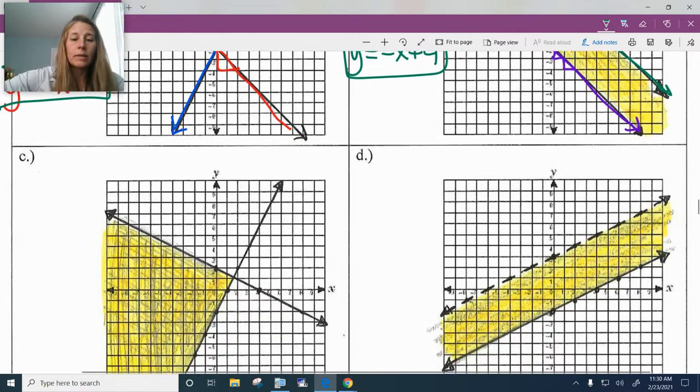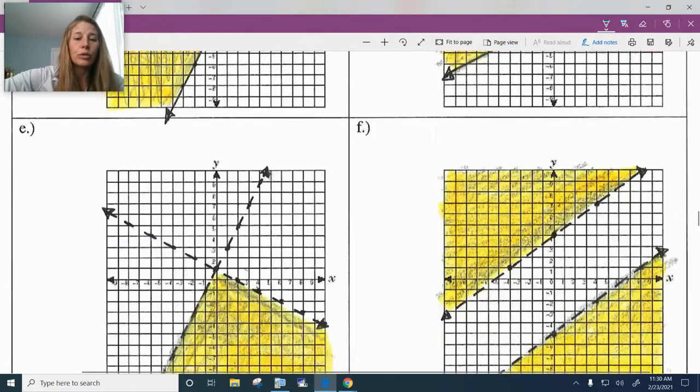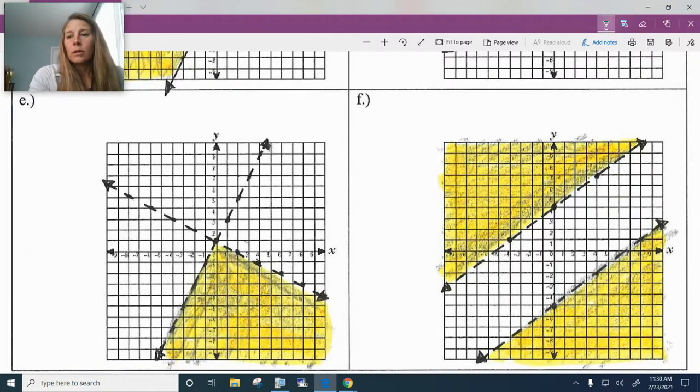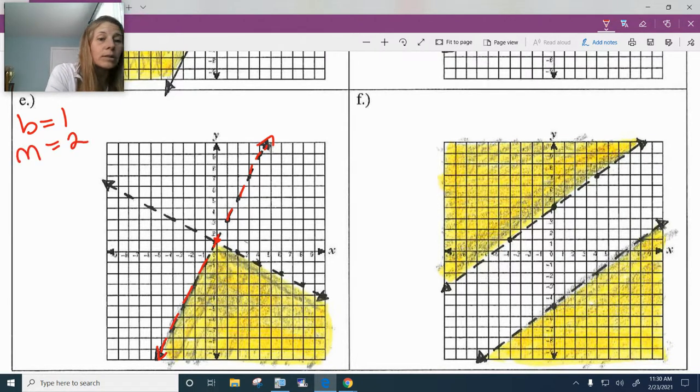All right, so let me skip down to E because that's dotted. So if we go to this one, both of these are dotted. I'm going to do this one here in the red first. So this one had a y-intercept of 1. And the slope is up 2/1, and it's going positive, so I know that's a positive slope.